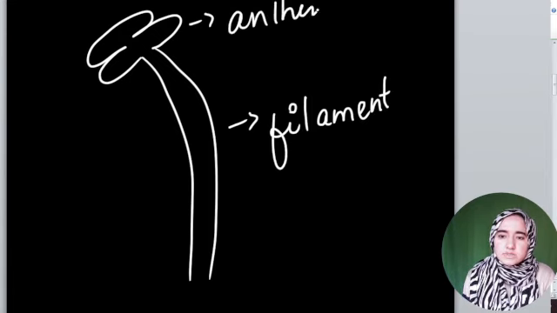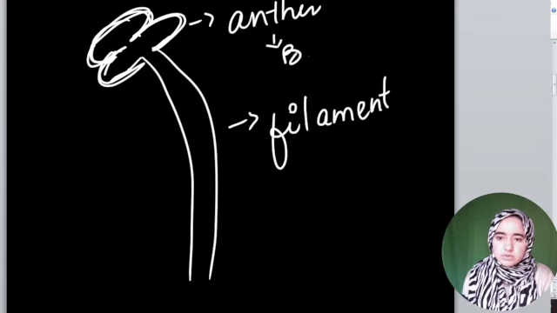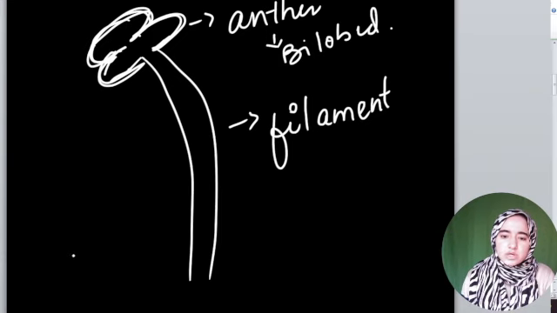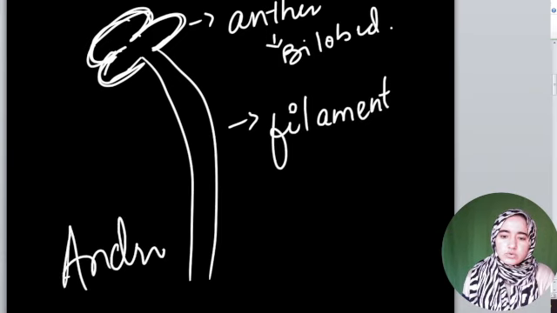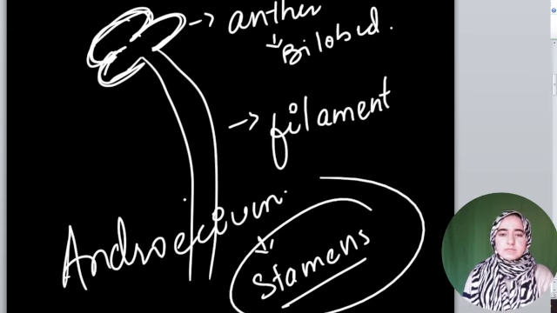It's having two lobes. How? This is the first lobe and this is the other lobe. That means anther is bilobed. And the male reproductive structure is known as androecium, which contains so many stamens.